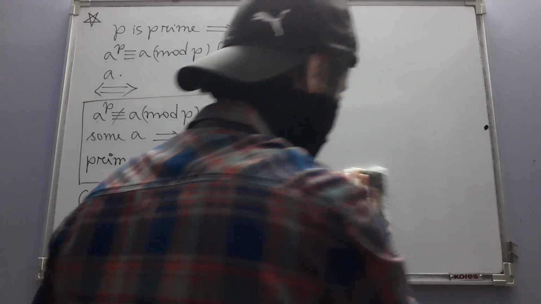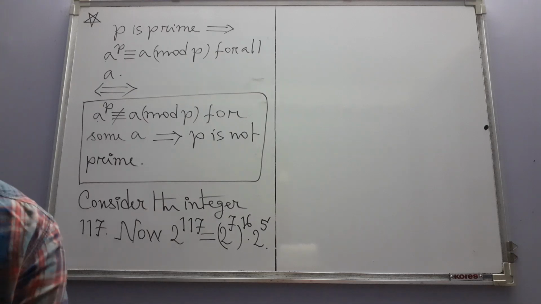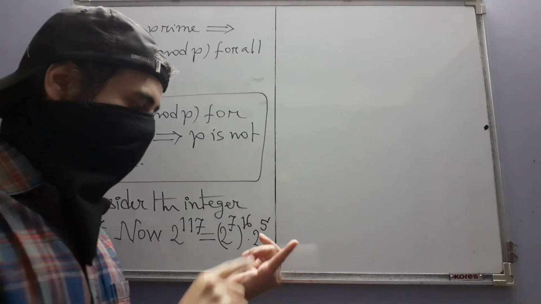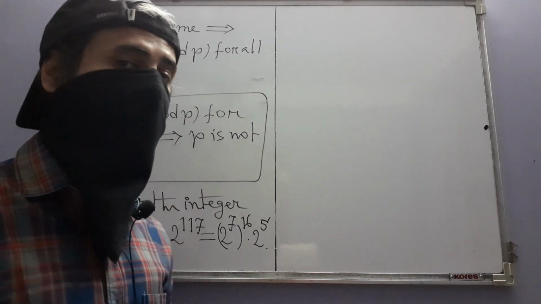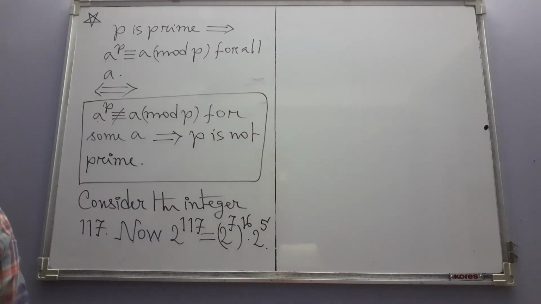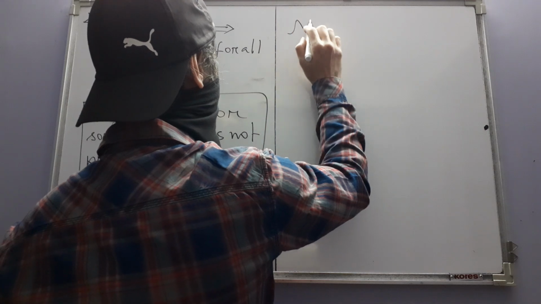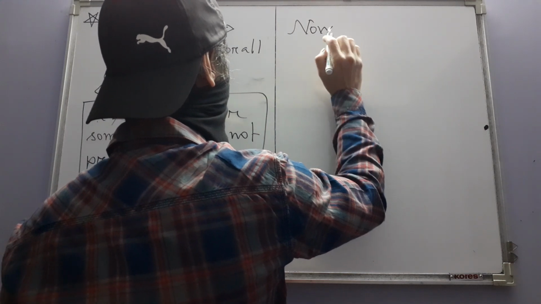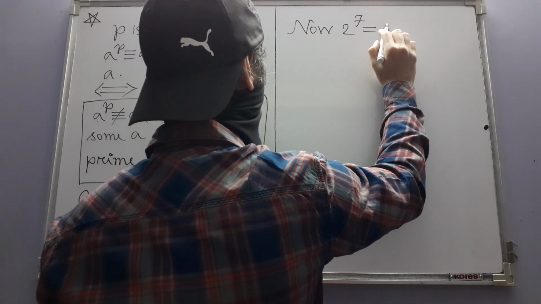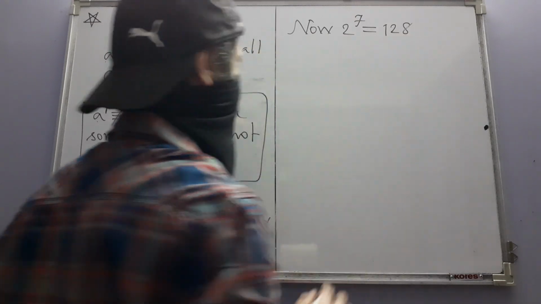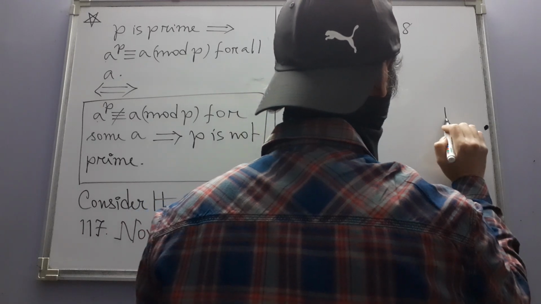Two to the power 7 is not very difficult to calculate. What will it be? 128. Okay, so 128, and our number is 117.